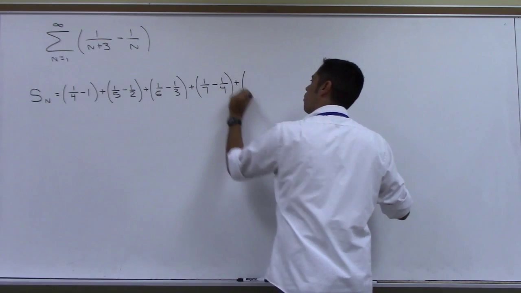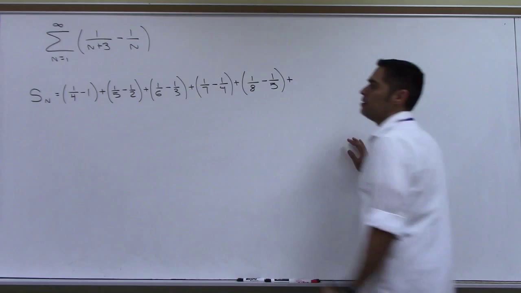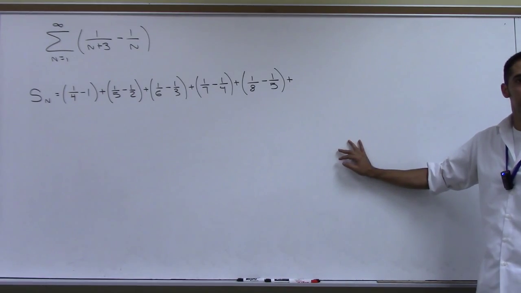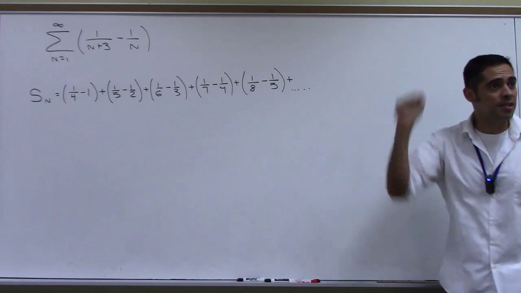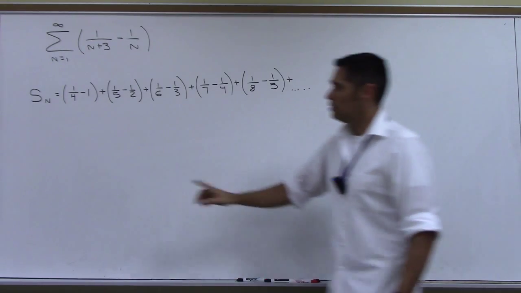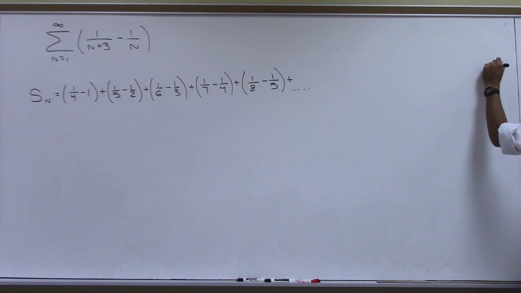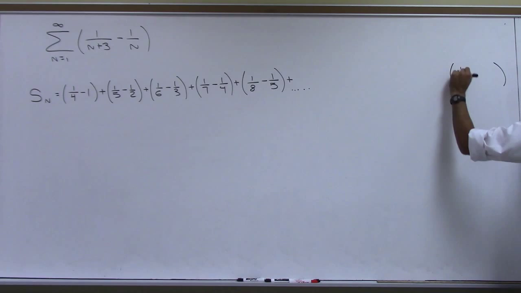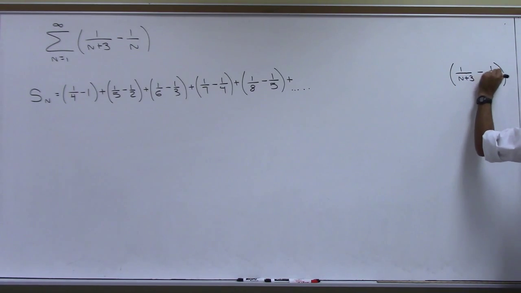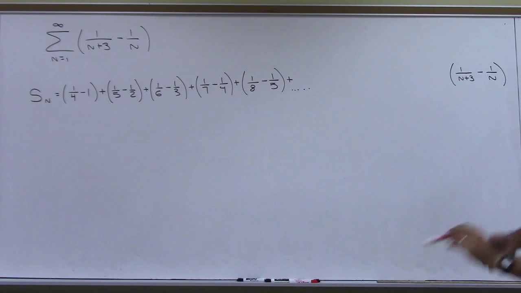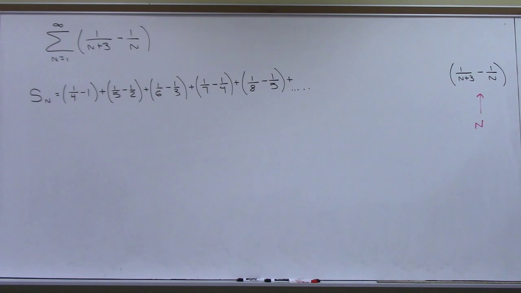Do one more, plus 1/8 minus 1/5 plus, right? Dot, dot, dot means it keeps going, right? But I'm going to stop it. And I'm going to stop it where? At n. So what's the last one over here look like? 1 over n plus 3, and then minus 1 over n. Agreed?